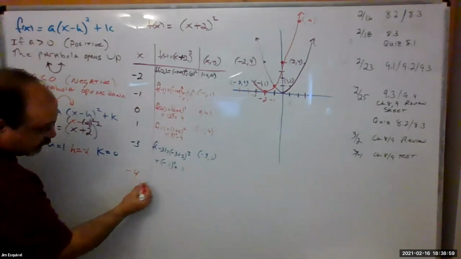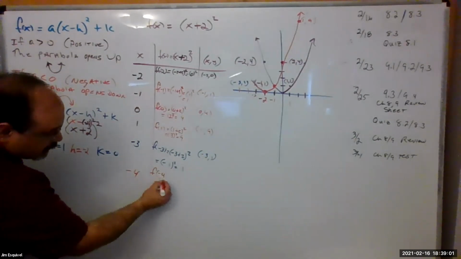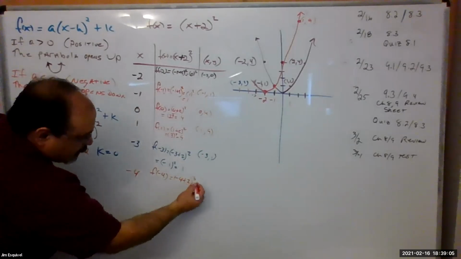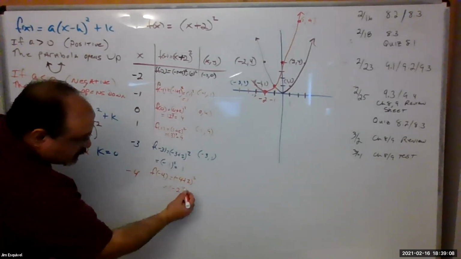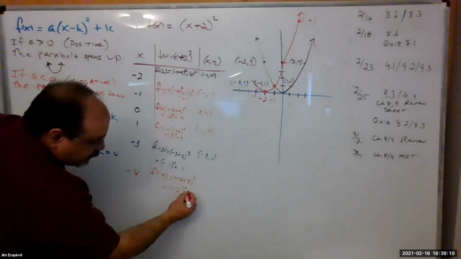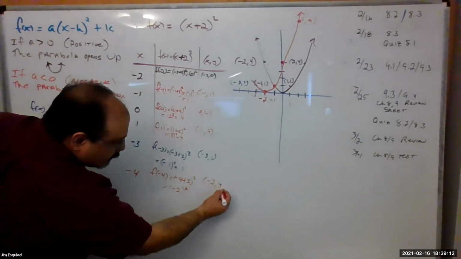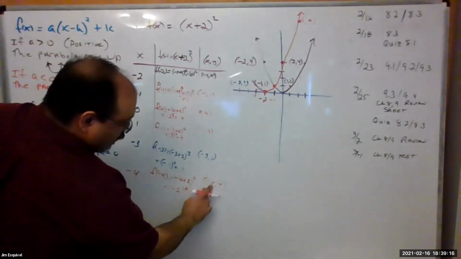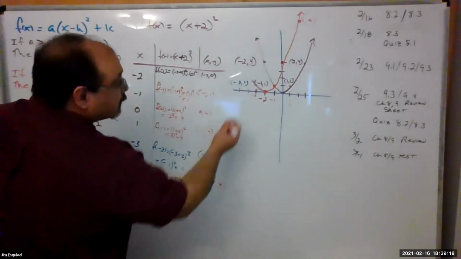And when you plug in negative 4, negative 4 plus 2 is negative 2, and that squared gives us back positive 4. So at negative 4, we get positive 4.